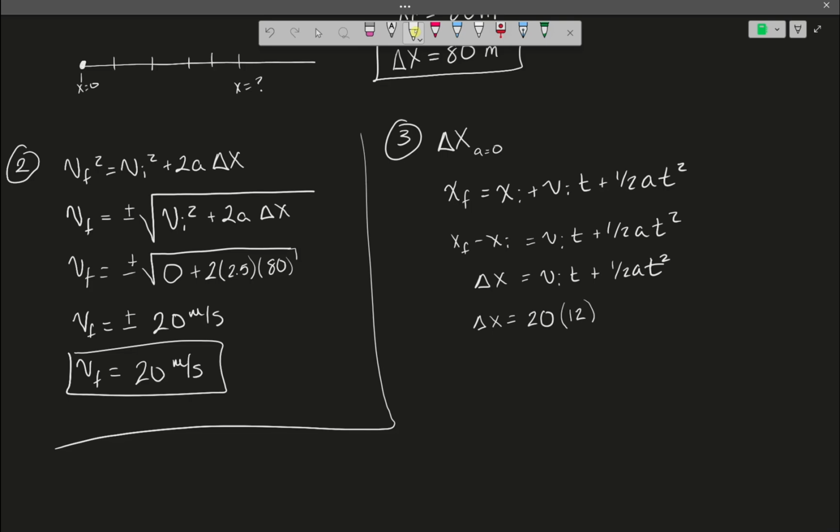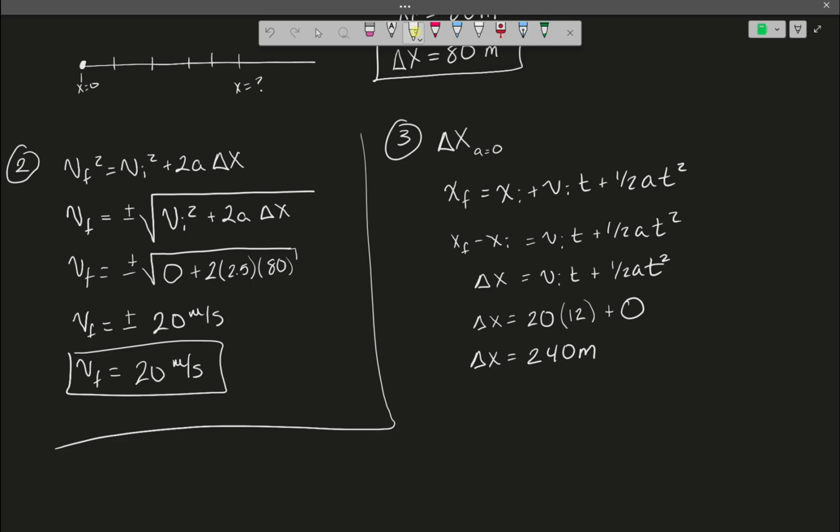I know that this is going to last for 12 seconds, and because my acceleration is 0, that cancels out. This means that the total change in position of this cyclist is going to be 240 meters.